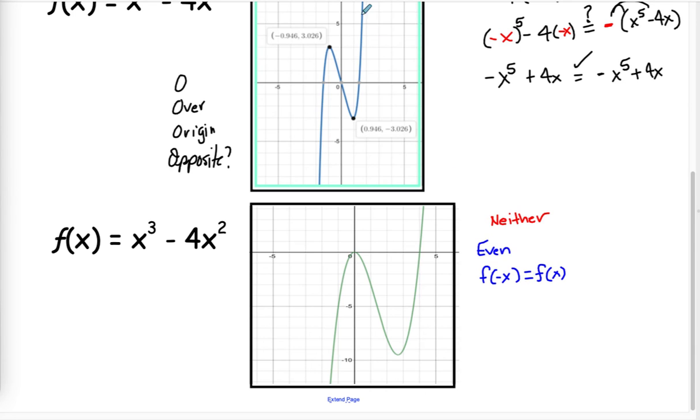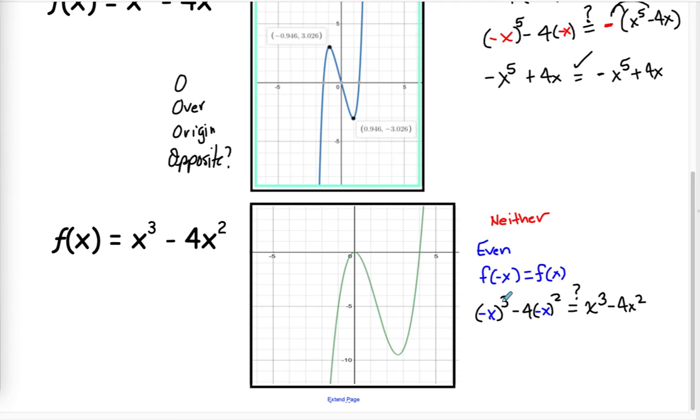All right, so I'm going to come over here, set up my template, and put in a negative x. And does that equal the original function of x cubed minus 4x squared?